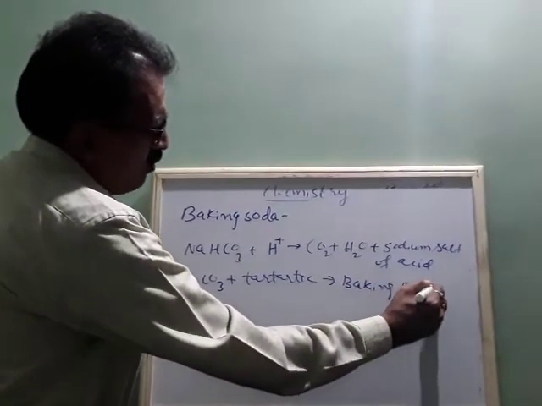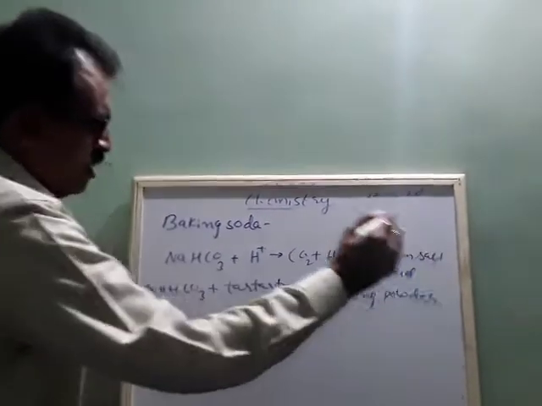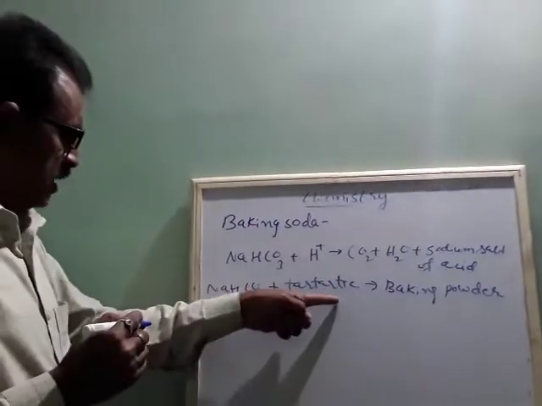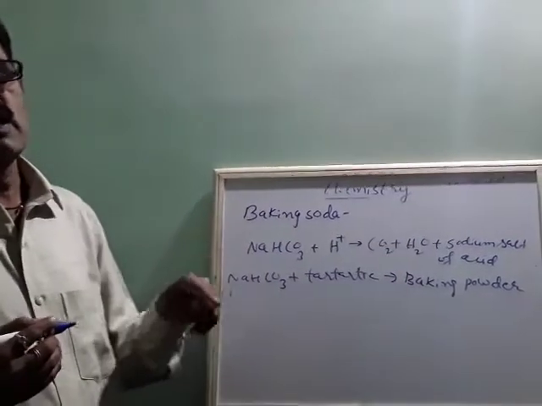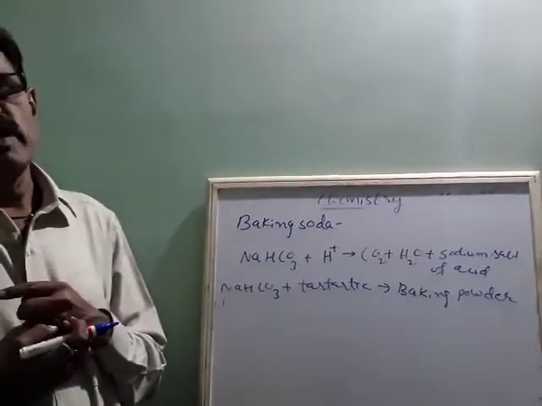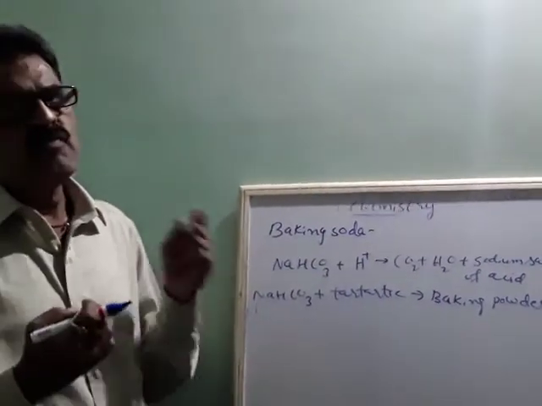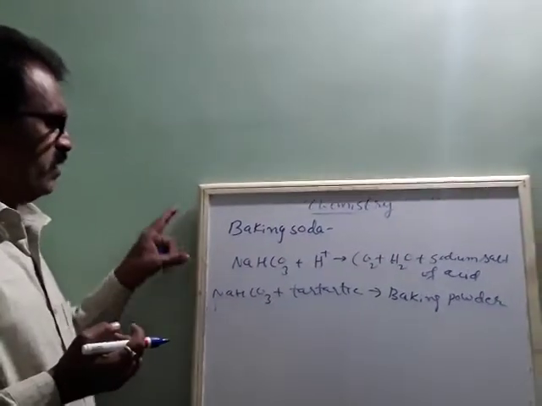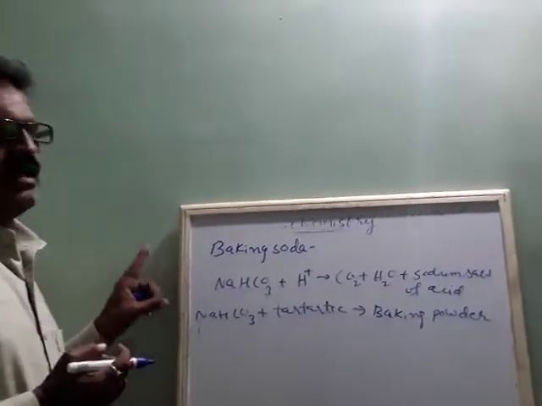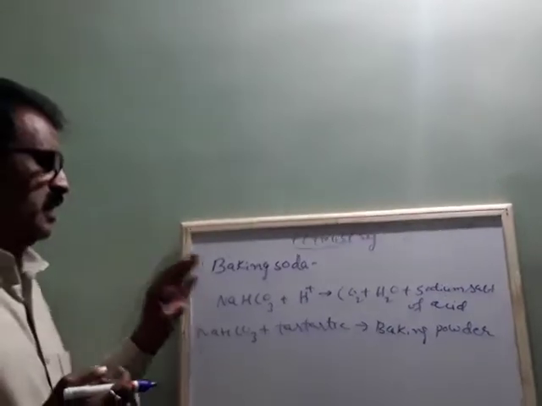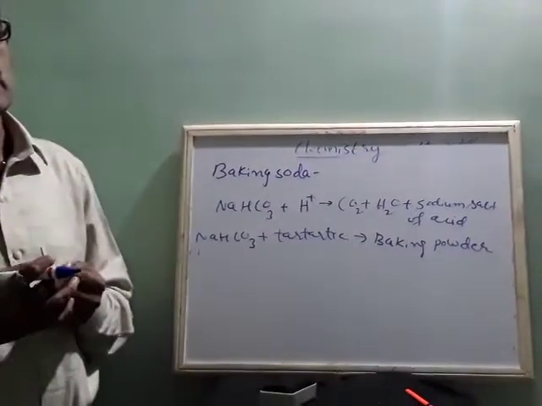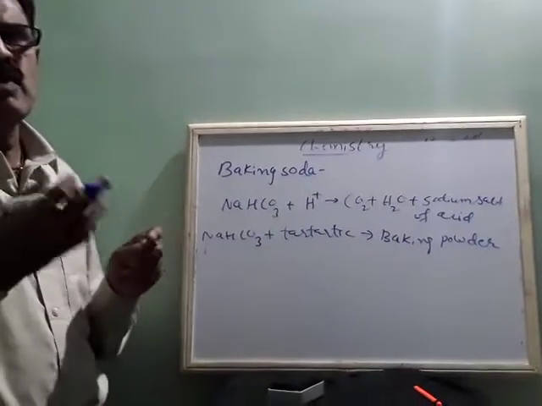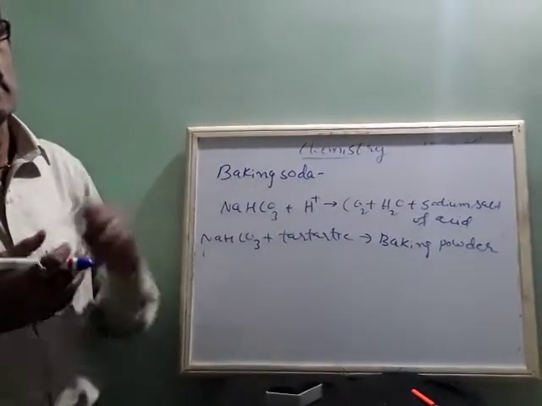This baking powder is very important in bakeries because it releases carbon dioxide, and due to that only the bread becomes fluffy and spongy, soft and spongy we can call. So in this way we use it in different areas like treating acidity, in bakeries, in household work, and in cooking to make cooking much faster.